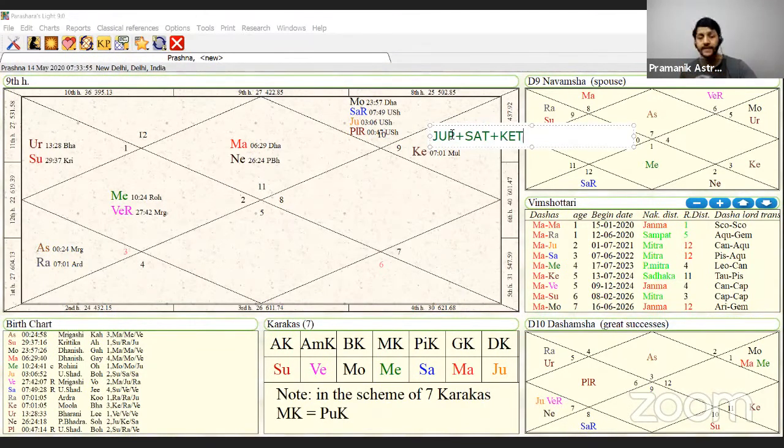When you have these three planets in here for Aquarius ascendant, it is coming as the first lord into the 11th house, 12th lord into the 11th house, second lord into the 11th house, and 11th lord into the 11th house. So all these four lords coming in here conjunct Ketu. So you have to watch out for the time period of Saturn and Jupiter for the financial gains.